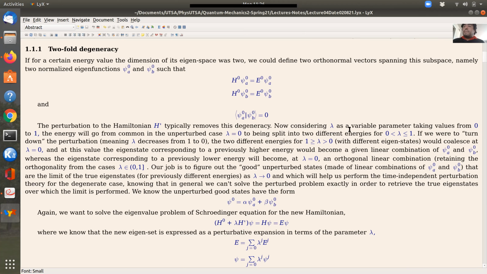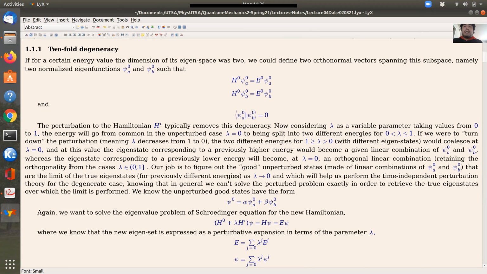and you have two different energies. If you think about it in the reverse way, you start with lambda equal to 1 and then decrease to the limit lambda approaching 0. The two different energies with different eigenstates would become one at lambda equal to 0, so you go from different energies to the same energy.